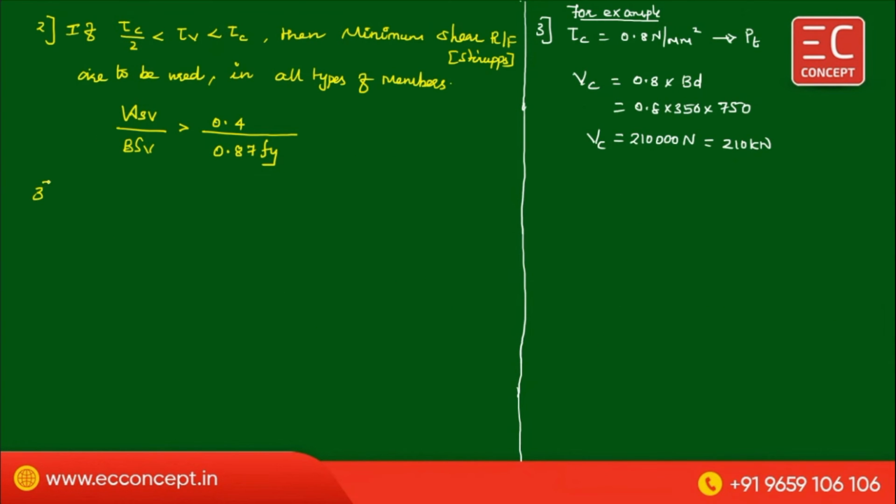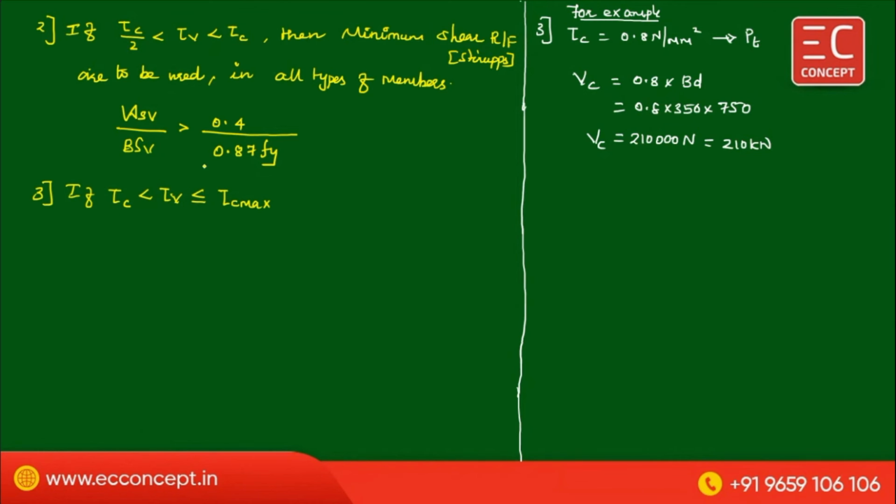Note number 3. If tau C is less than tau V, that means the nominal shear stress is more than the permissible shear stress of concrete, but less than or equal to tau C max.